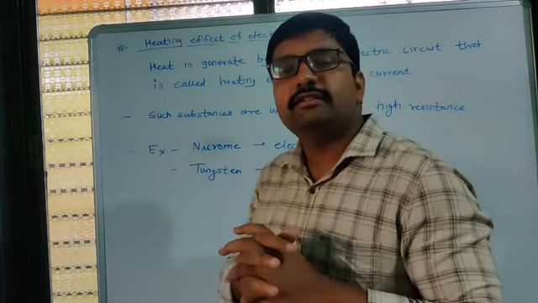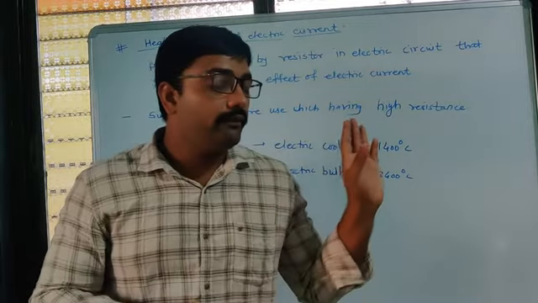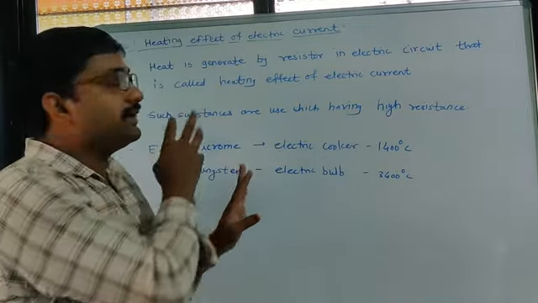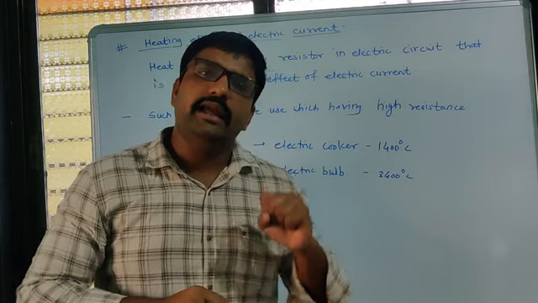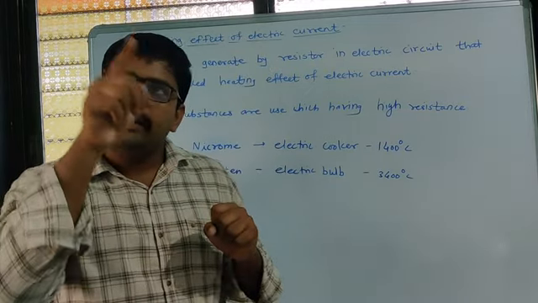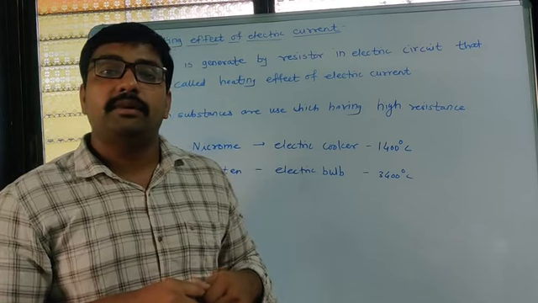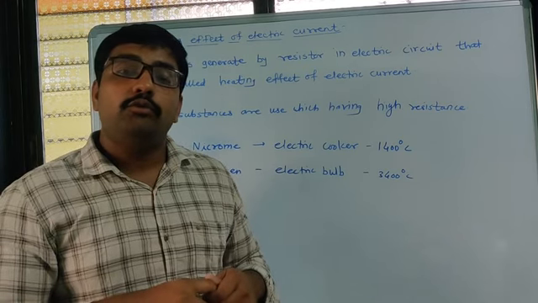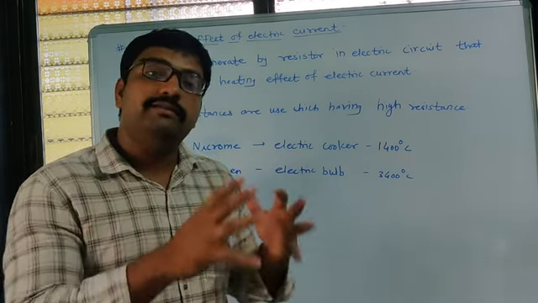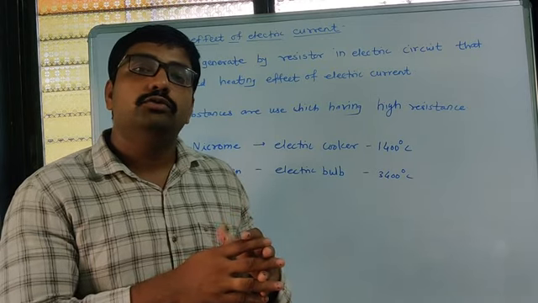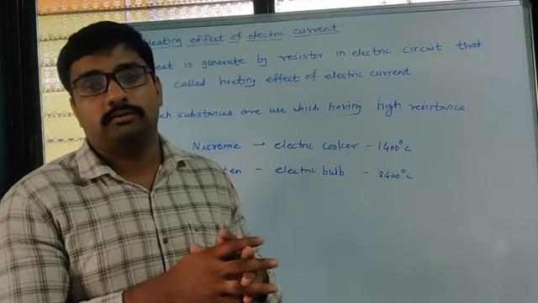If we connect a resistor, as we see in the first example, we draw one diagram here. In that diagram we have connected one resistor. We have to pass current through that resistor, and so we have to do some work.